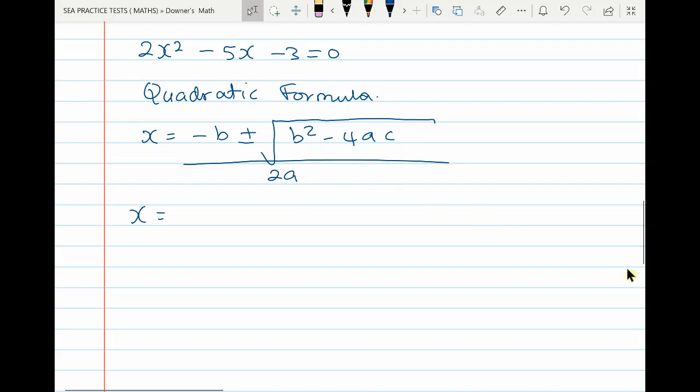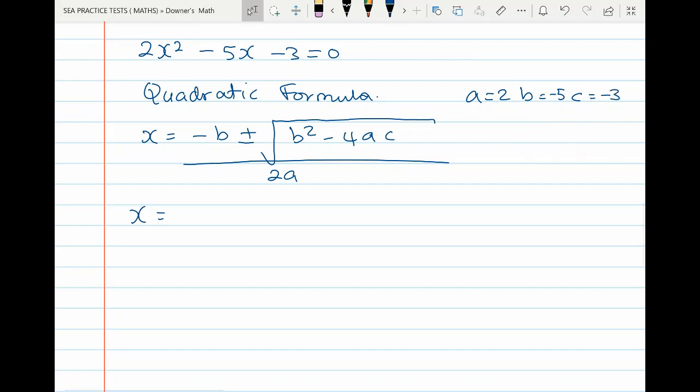So first of all, let us re-establish what A is, B is, and C is. A from here will be 2, so we're going to put 2 right here. B is going to be this number here, which in this case is minus 5, so we're going to put minus 5 right here. And C is going to be this number here, which is minus 3.